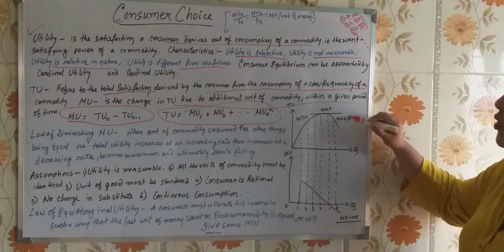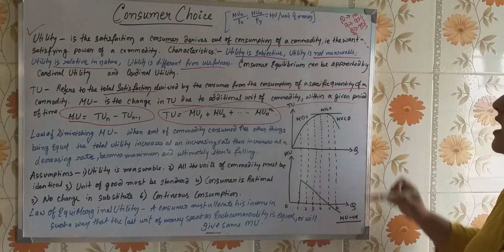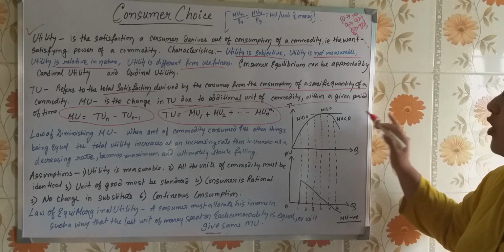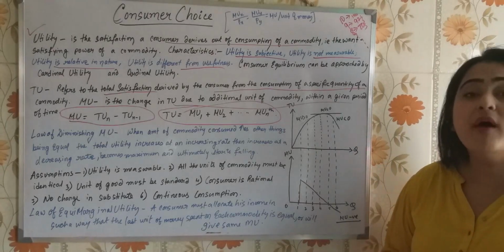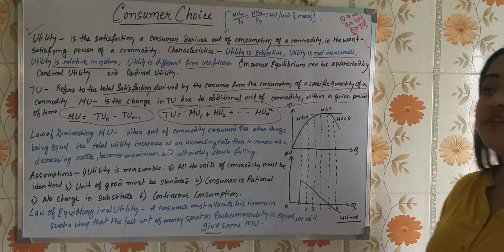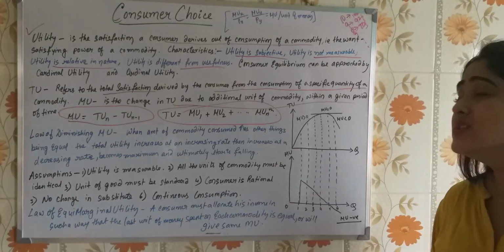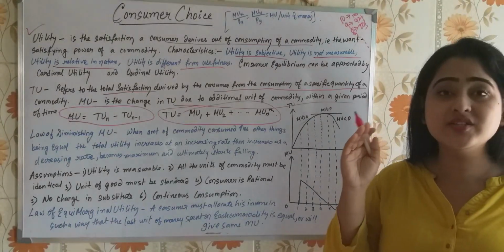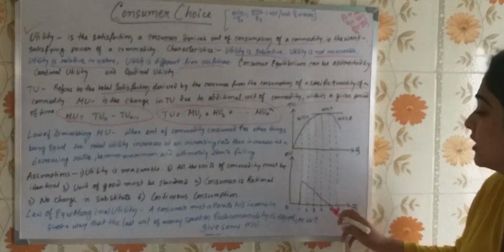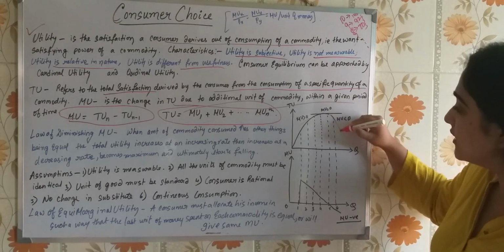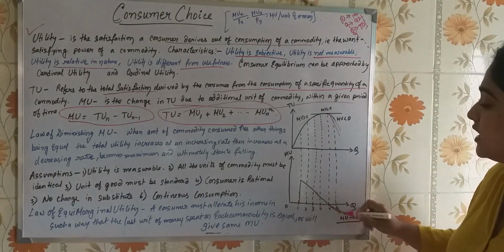You see here for total utility, we have 3 scenes. Here the marginal utility is positive, marginal utility becomes 0, marginal utility becomes negative. Marginal utility is positive till total utility is increasing. Once total utility reaches the maximum, marginal utility becomes 0. Once total utility starts falling, marginal utility becomes negative.